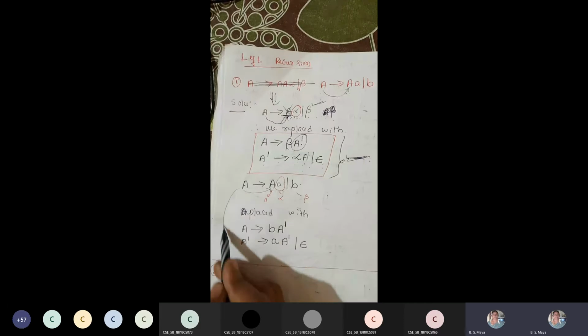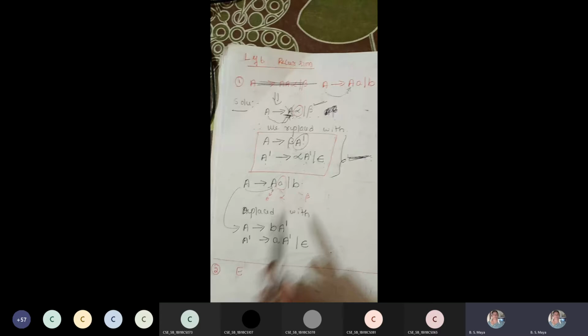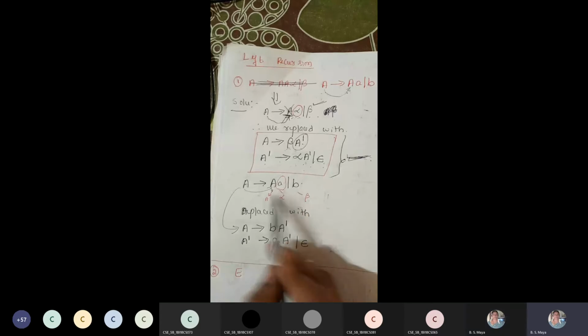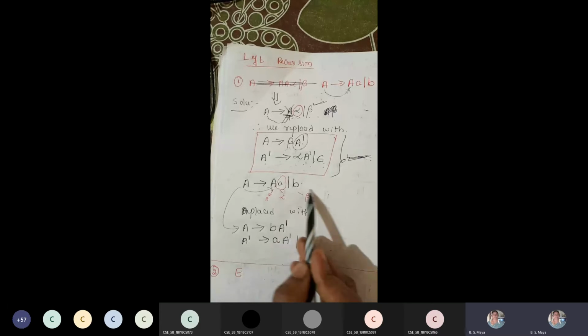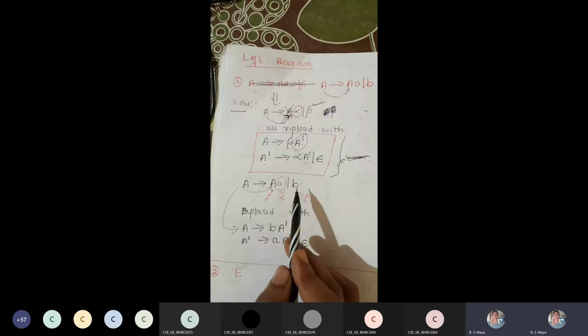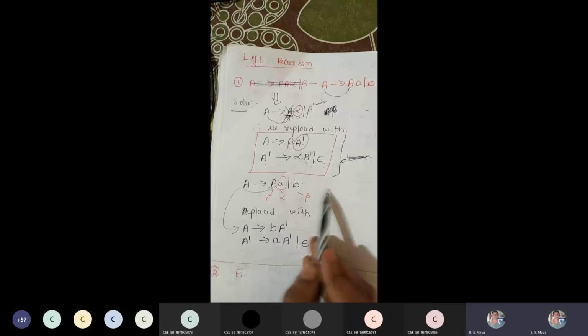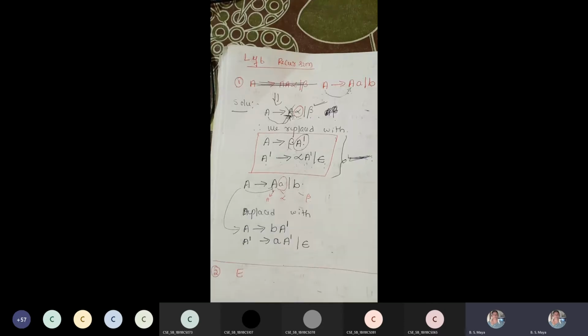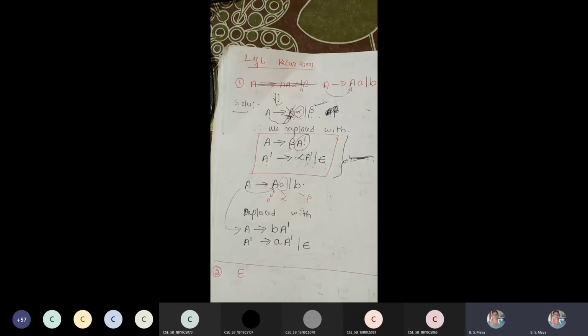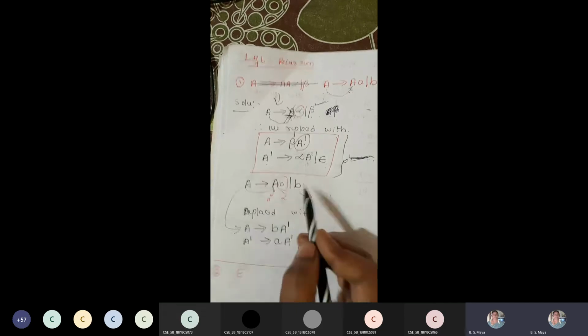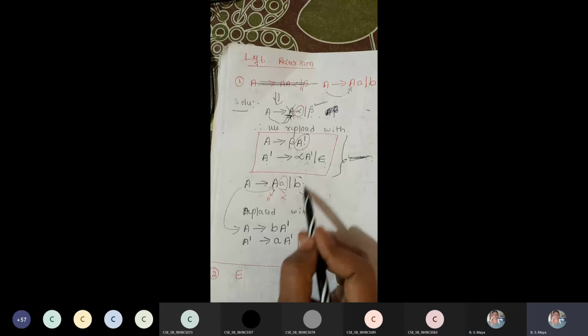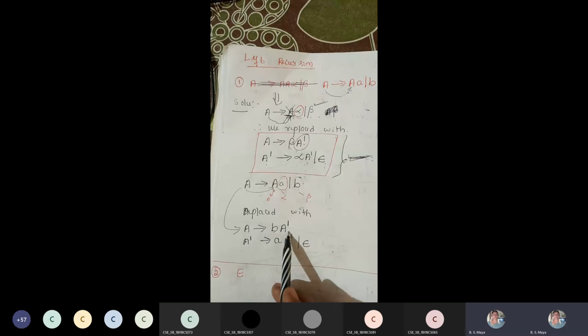Start with A. Choose in the problem the alternative that does not start with capital A. Which one does not start with A? That is called beta. Then you start with beta, and then I am introducing one more new non-terminal, A dash.